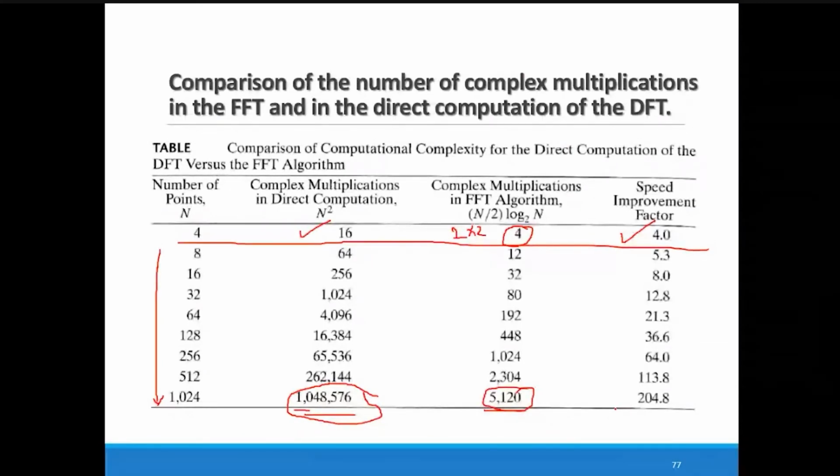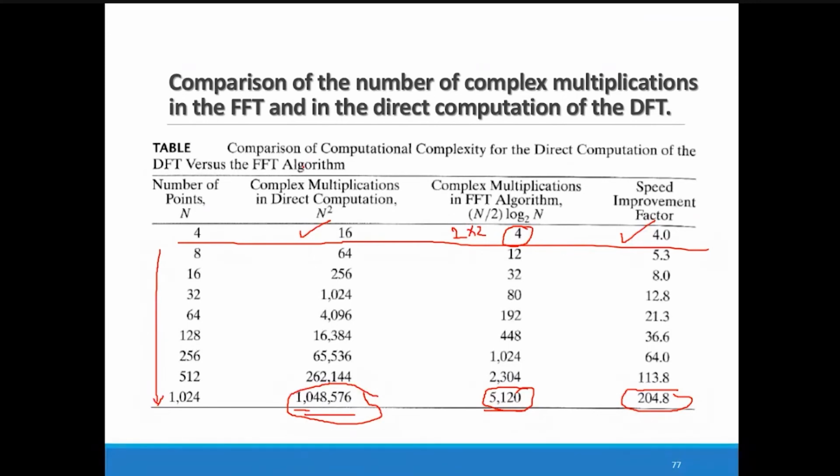If we divide this by this number, around 204.8, or approximately 205 times the speed is improved. So this is the advantage of the DIT algorithm over direct computation.